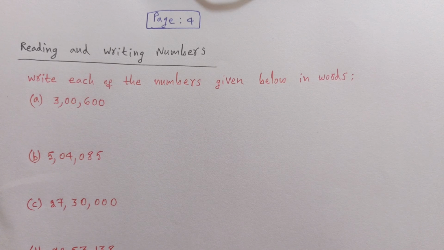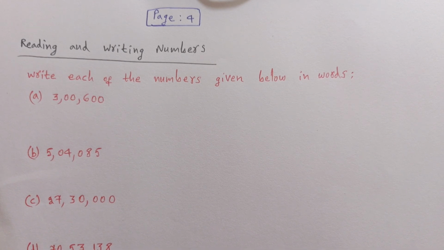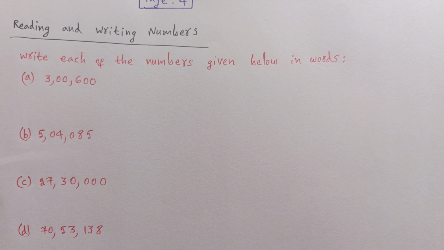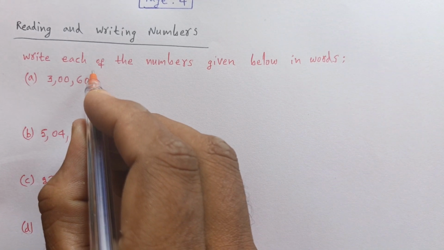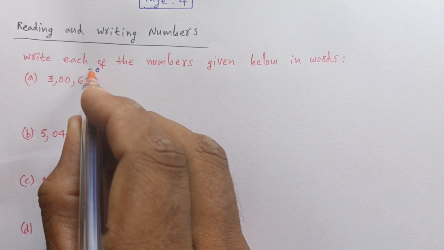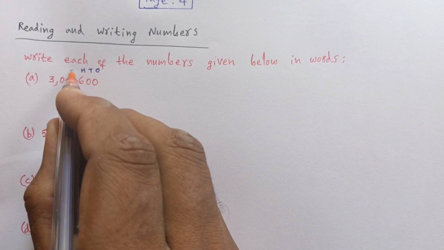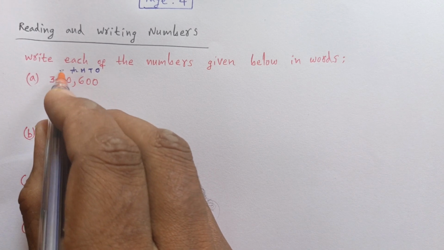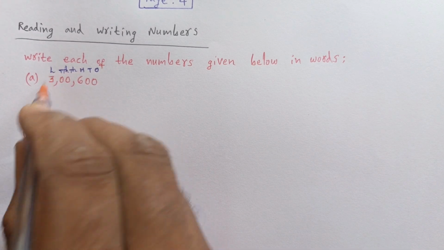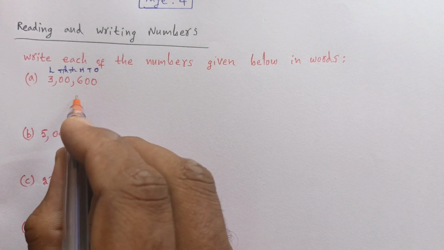So the first number is, okay, before that I will write the positions: ones, tens, hundreds, thousands, 10,000 and lakh here. So the number is 3 lakh.